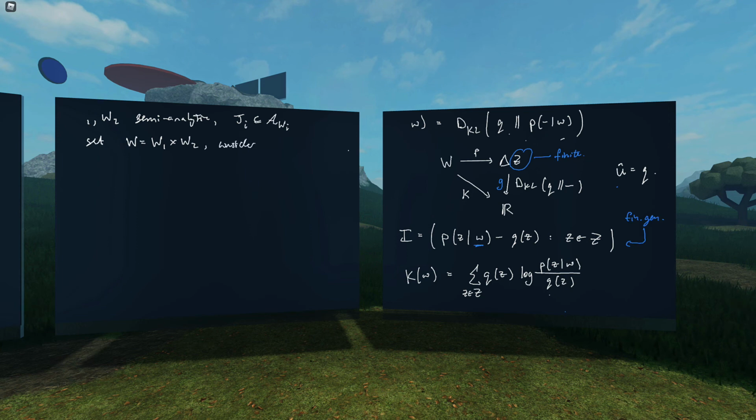Consider just by composing with the projections, so any analytic function on the Wi is just an analytic function on W. And so setting with some prior on each one, then we have the formulae.